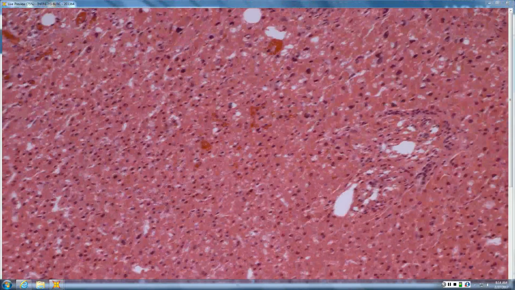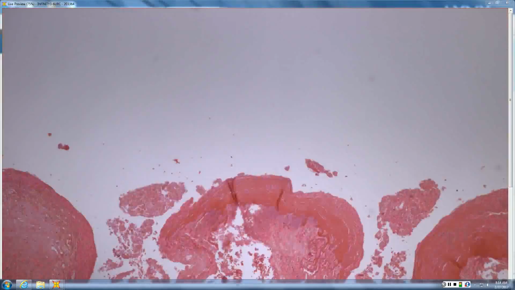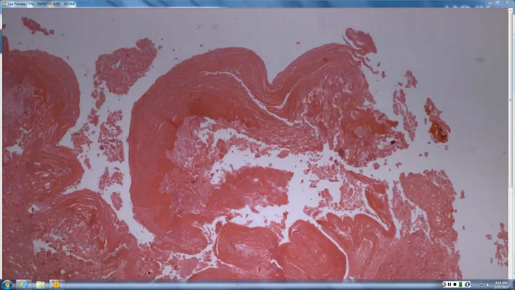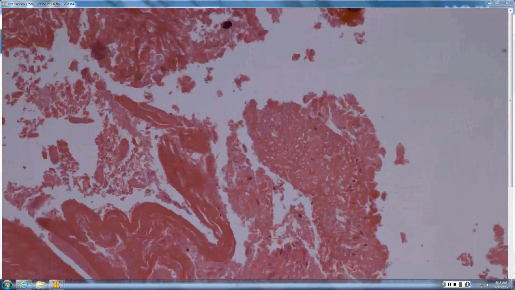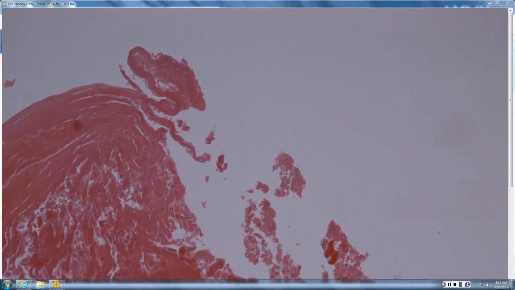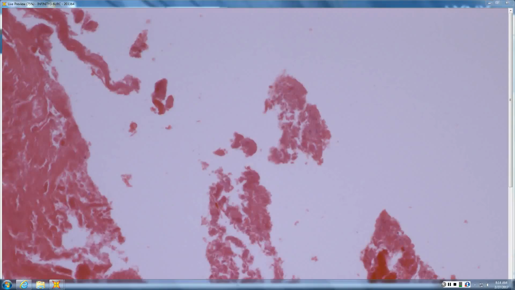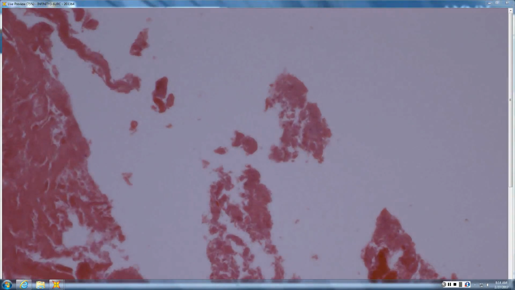So we're actually at the edge of an unhappy liver. And in this unhappy liver, we have a cystic, partially calcified cystic lesion. And that's one area, but let's see if we can find a better one.